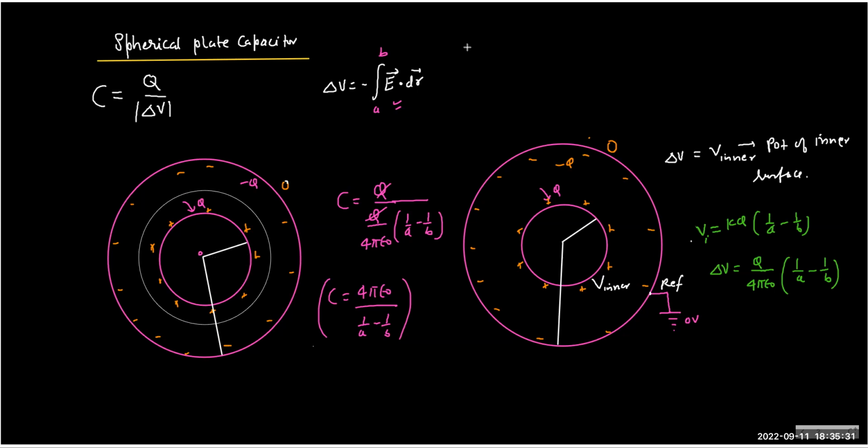Absolutely not, right? Q by 4 pi epsilon, like this or like this? The r square is in the denominator or in the numerator? Upon denominator. Very good.